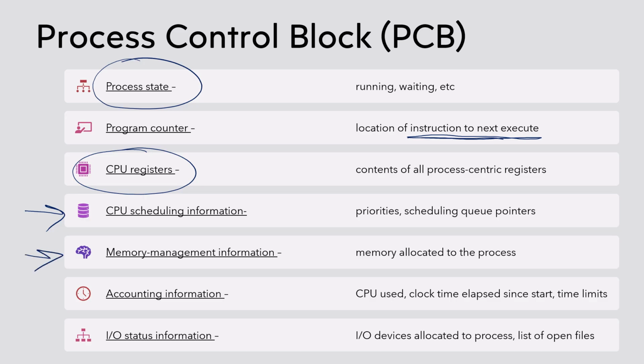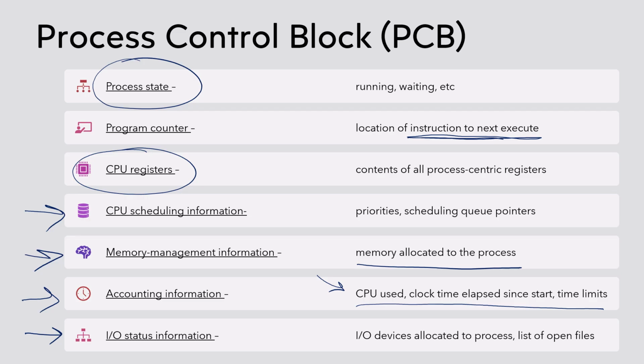Memory management, you want to know what memory has been allocated to the process. Accounting information like time used and time limits and how much it's been on the CPU, stuff like that, and the status of any devices or open files that are associated with the active process. This is just a general overview.